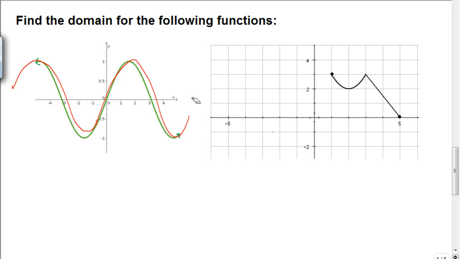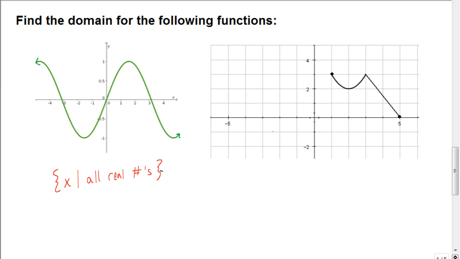So since it continues going in both directions, we would say that my domain here would be all real numbers. So we would say that it's a set of x's such that it's all real numbers. That would be your answer.